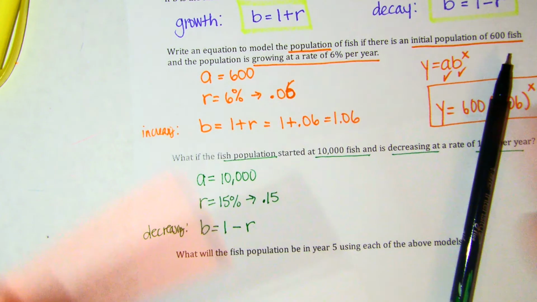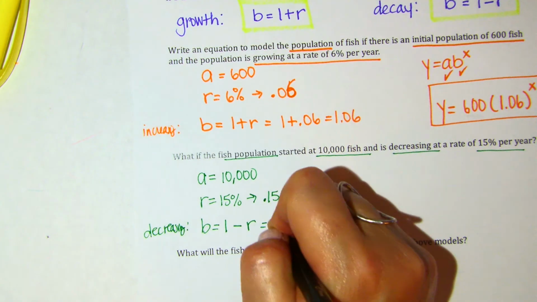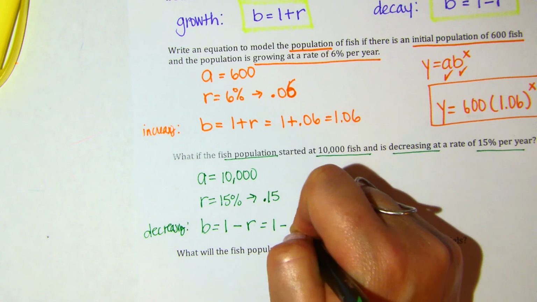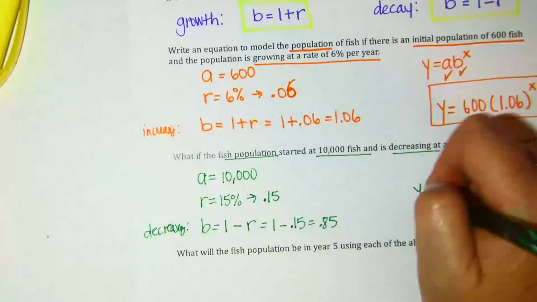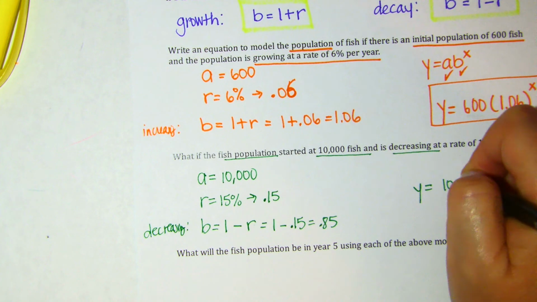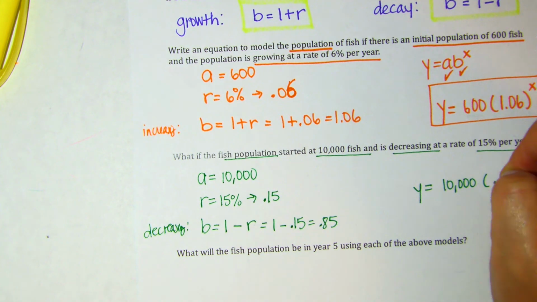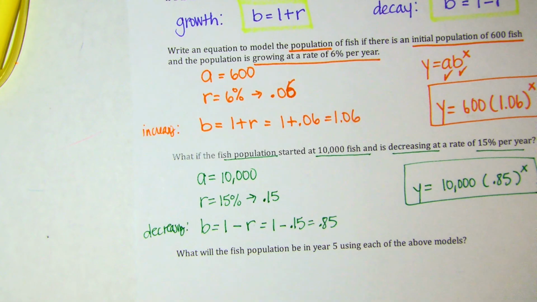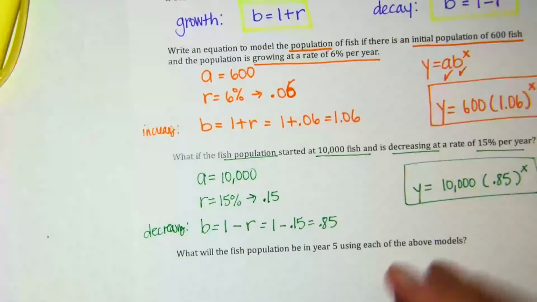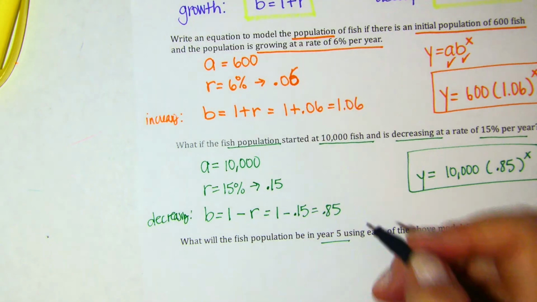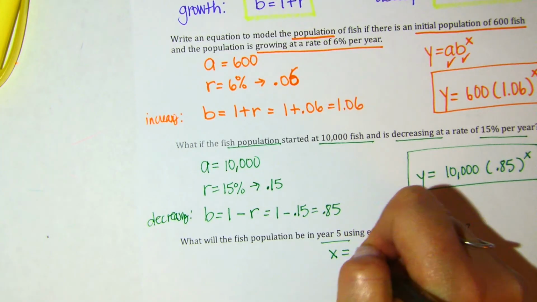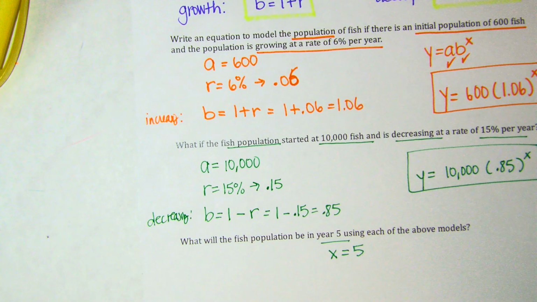So 1 minus 0.15 gives me 0.85. Now I have everything I need to put into my equation. So there's my exponential equation. Now it says, what will it be in 5 years for each of the models? That means x is 5.